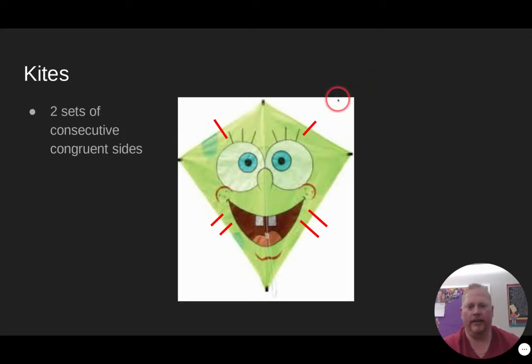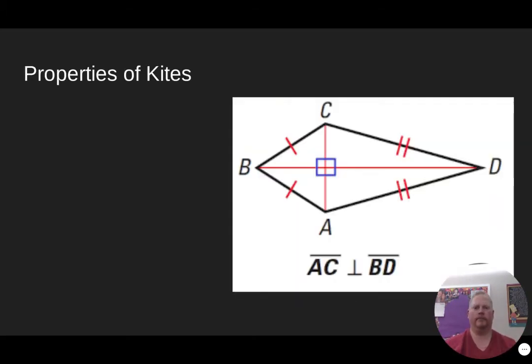So here on this SpongeBob kite, you can see that these top 2 sides are the same and the 2 bottom sides are the same. There's no way that these 2 sides could ever equal those sides and make all 4 sides the same, because that would make it a rhombus. So 2 sides next to each other are congruent and then 2 sides next to each other are congruent. That's what defines what a kite is.